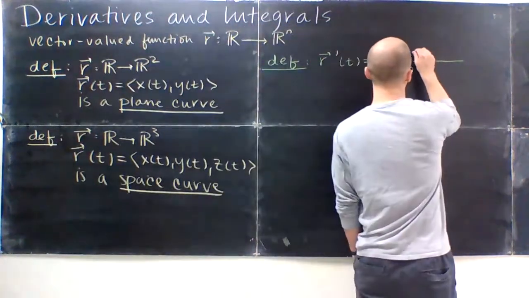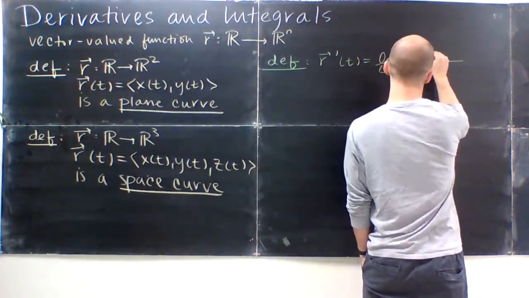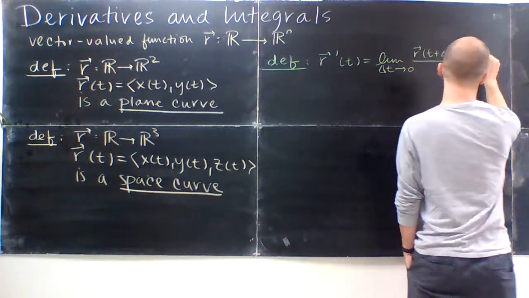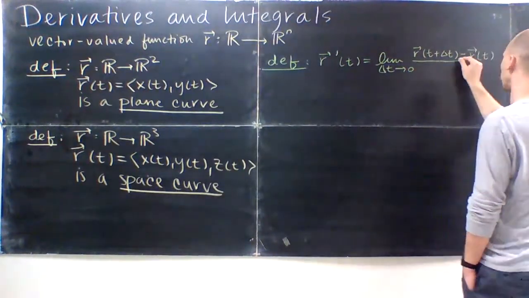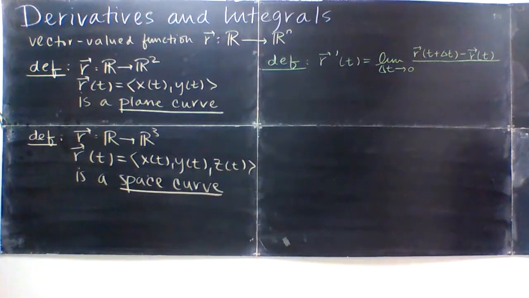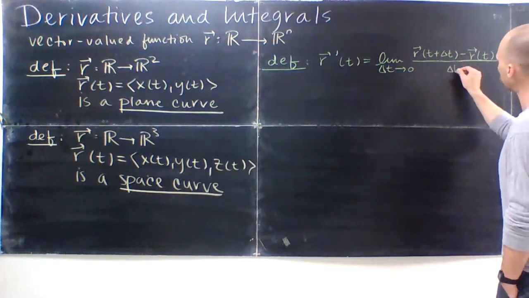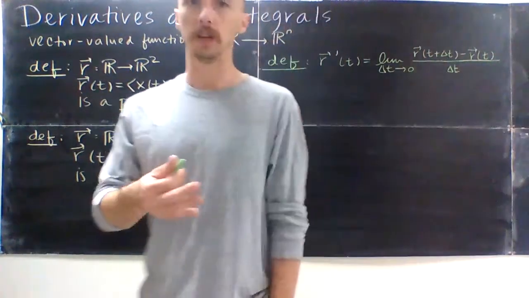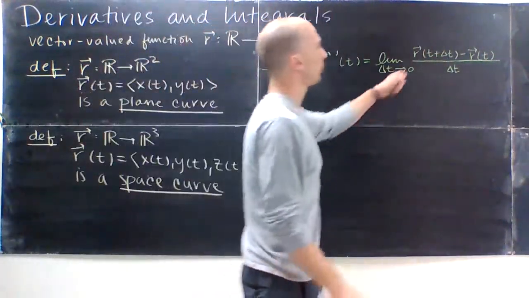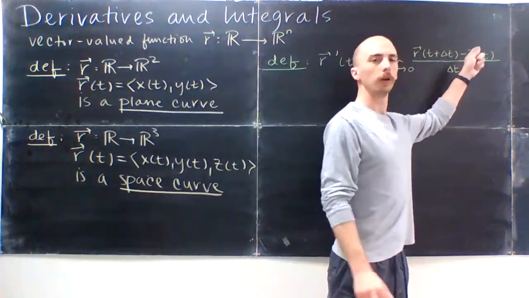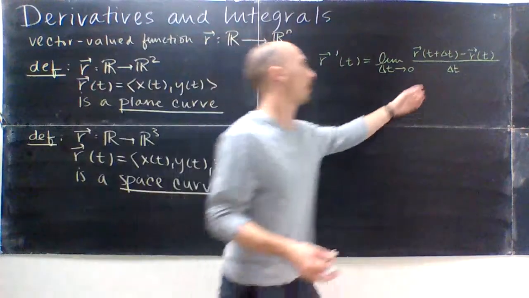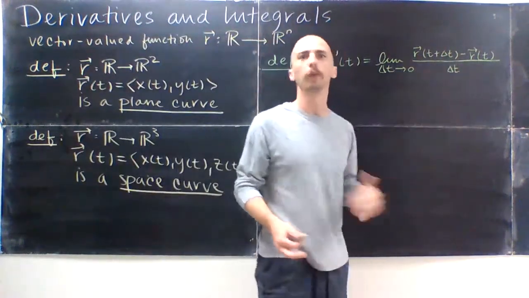So that's going to be r of t plus delta t minus r of t. And then run is delta t. This makes sense, because we can subtract two vectors from each other and that gives back a vector, and I could divide a vector by a real number and that would still be a vector.